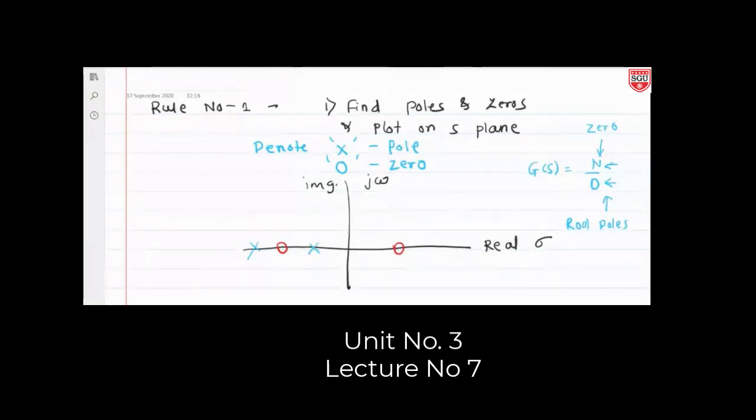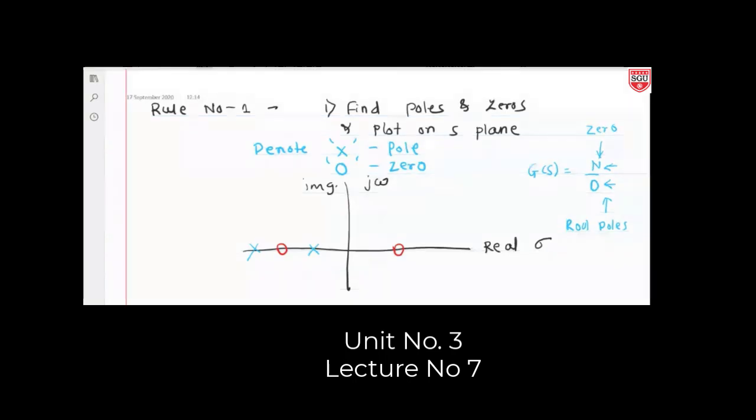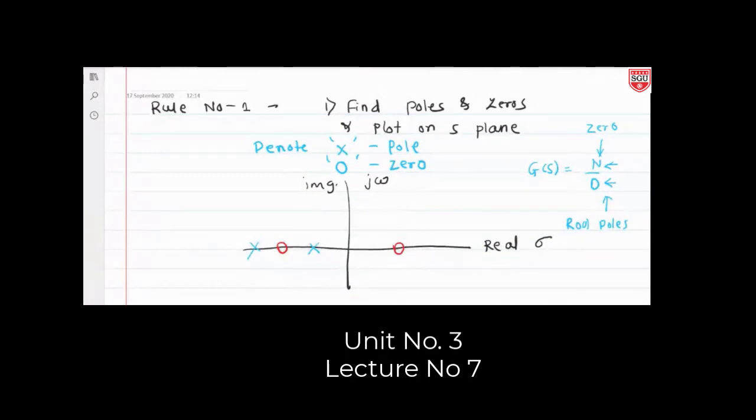So we started with rule number 1 last time. What does rule number 1 say? We have to determine all the open loop poles and zeros of the transfer function and mark them on the root locus plot, which is nothing but the S plane. We denote a pole by the symbol X and a zero by a 0.